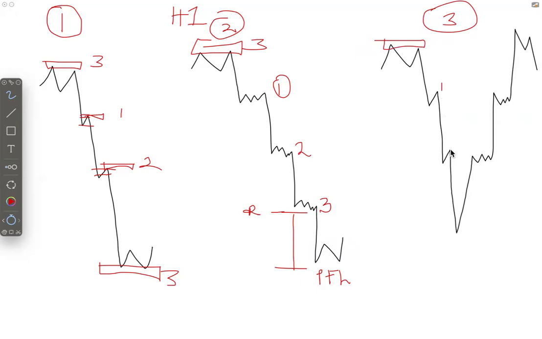Then the last one, which is the third one, right here, forms a peak, and then it goes level 1, level 2, level 3, and on the same day, or in the same session, it reverses that level and goes level 1, level 2, and straight into level 3.